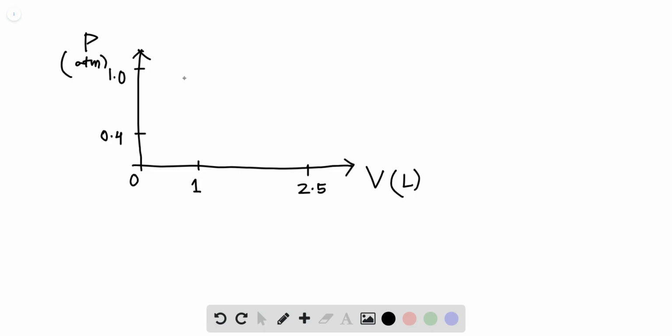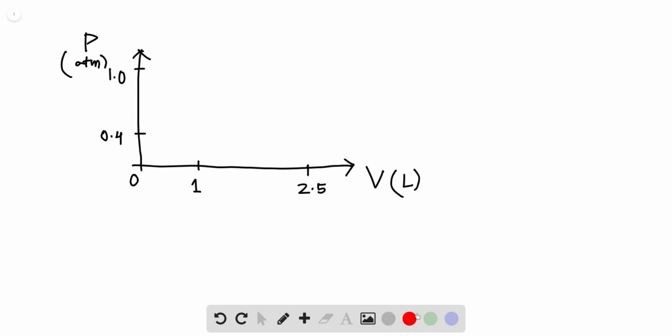Since the process is at a constant pressure, this path should be horizontal from 2.5 to 1 liter, and that compression occurs at a pressure of 1 atmosphere.